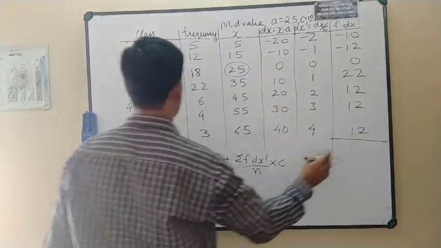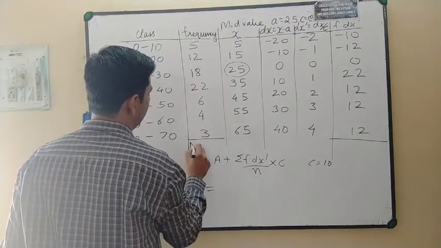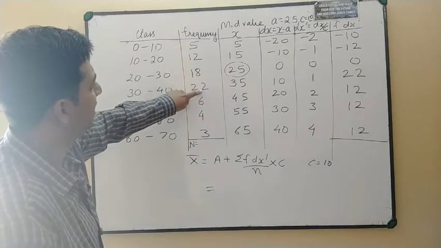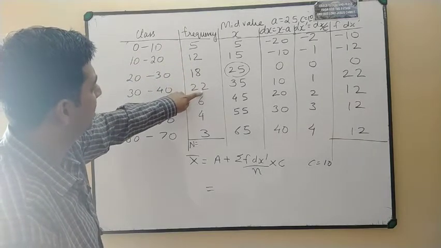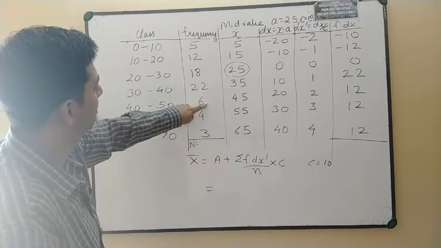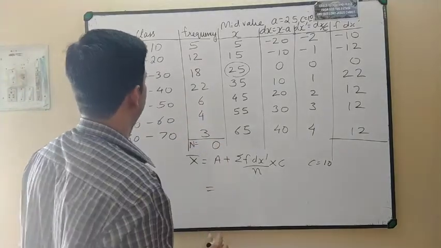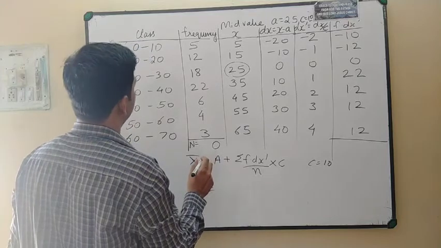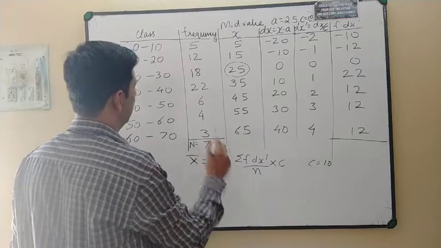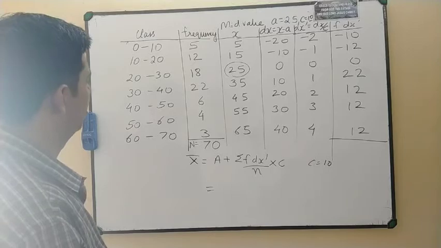We are going to calculate this value, and we are going to require this value as well. So let us find the total for both. This is going to be 7, 7 and 15, 15 and 2 is 17, 17 and 6 is 23, 23 and 7 will be 30, and the total is 70.